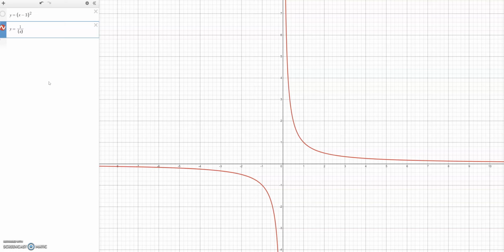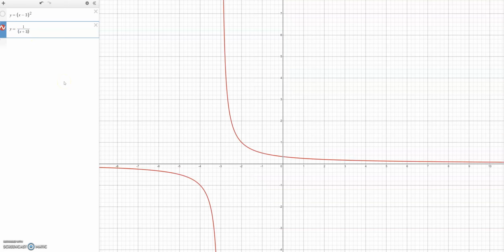So since I subtracted a number since I moved my parabola to the right, I'm going to go ahead and move this to the left. So I'm going to go ahead and add a number. And you can see I have shifted it over by 3. This point, my reference point, it was over here at 1, 1. And it literally went 1, 2, 3 to the left.